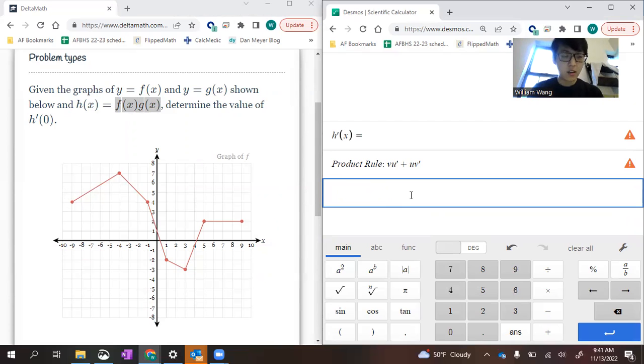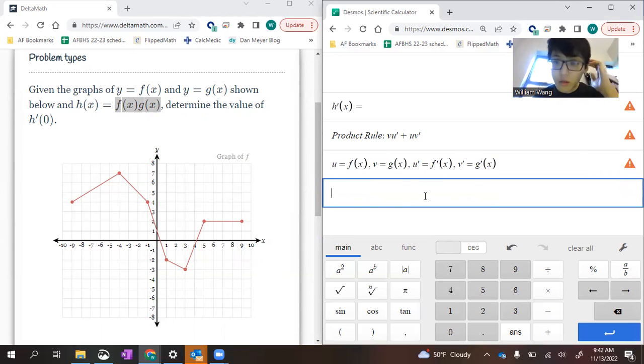If you're good with product rule, you might be able to skip ahead and shorten these steps a little bit, but let's see. My u is my first function, so u is f of x, right? What else? v is g of x. Cool. Sorry, I'm not thinking. u prime is f prime of x, and v prime is g prime of x.